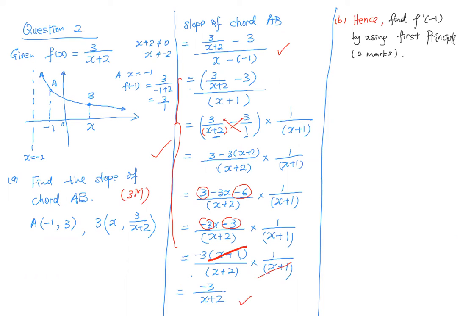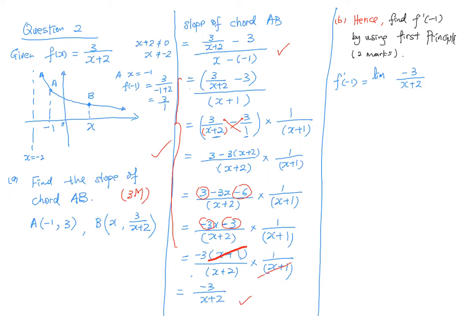Okay, so if I write f prime -1, then I have to write limit here, correct? Then here I have to write down the slope of the chord AB, am I right? So what should I write at the bottom of the limit?